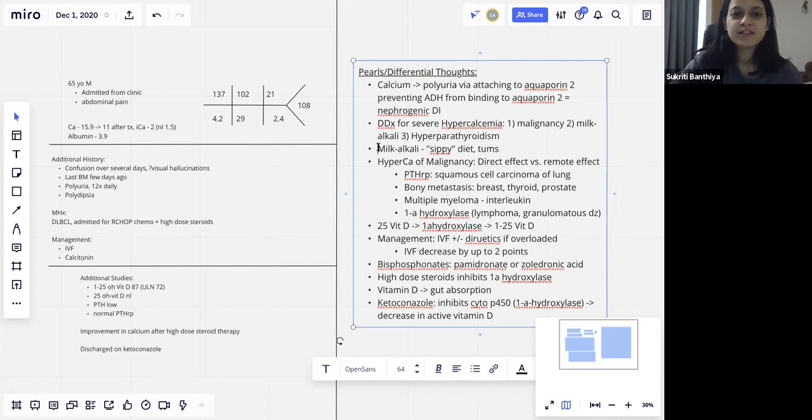Those were some things that weren't very well ingrained in my mind. So that's something I'll take away and review. And the other was this novel use of ketoconazole, and how there are multiple medications, going back to the physiology, that can be used to treat hypercalcemia.